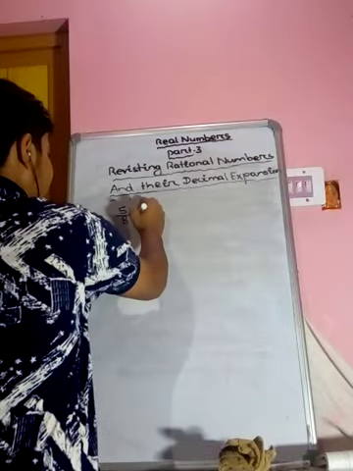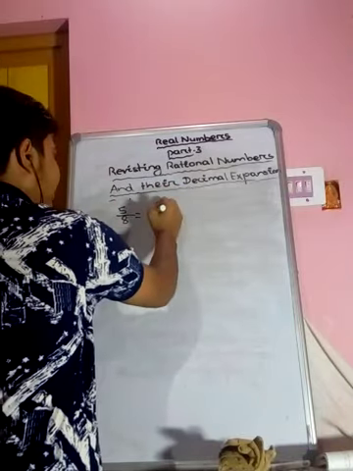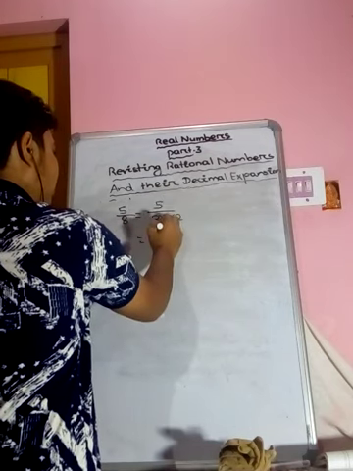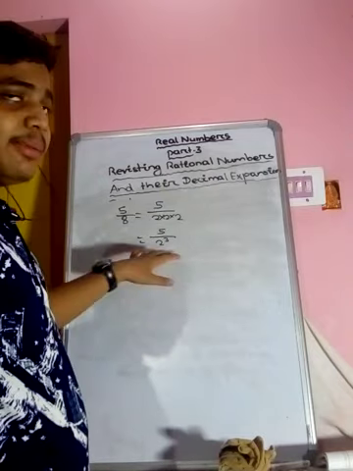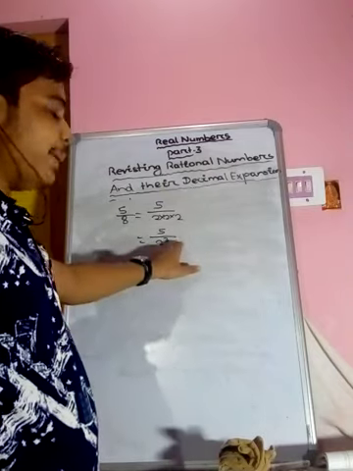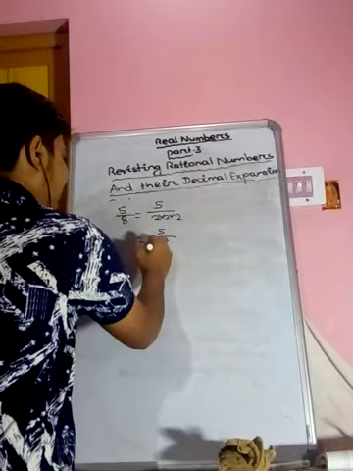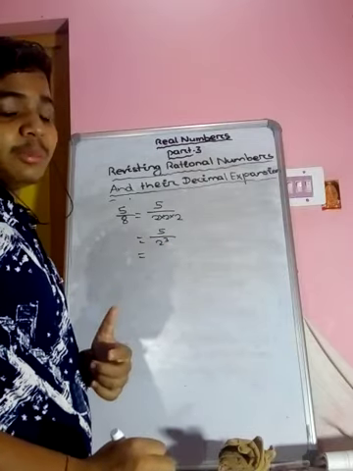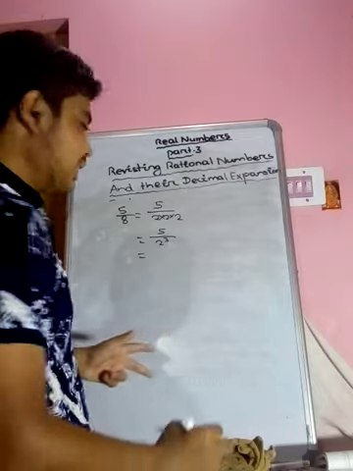At first let us break it up. 5 cannot be broken, but 8 can be broken as 2 into 2 into 2, or 2 cube. Now if I multiply the numerator and denominator by 5 cube, I will get a power of 10 in the denominator, and it will be easier to make the decimal expansion.